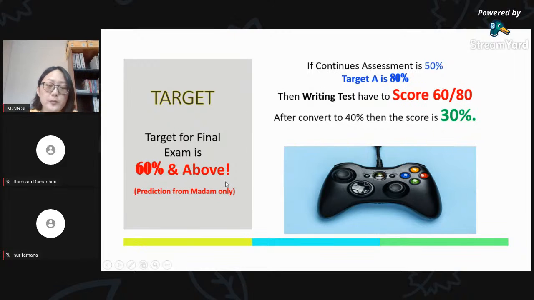This is just a prediction from Madam, no black and white. I just want you all to have a target, to know how many marks you must score to get an A. If your continuous assessment is lower than that, you have to score higher in your final exam.